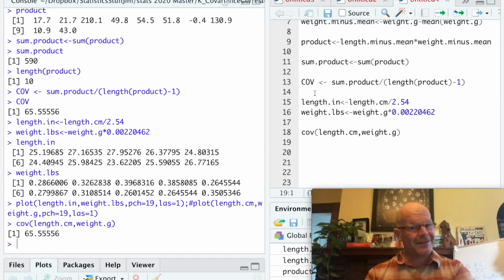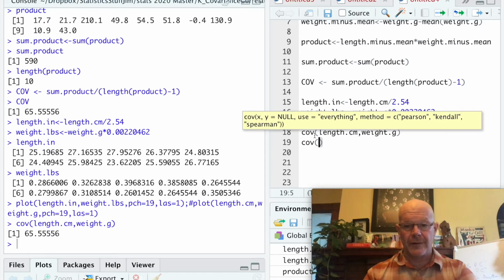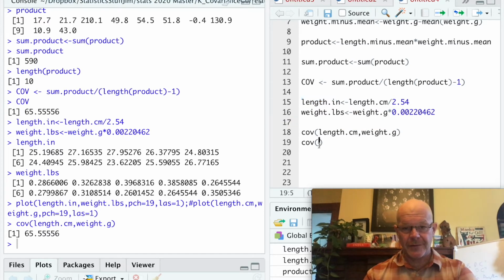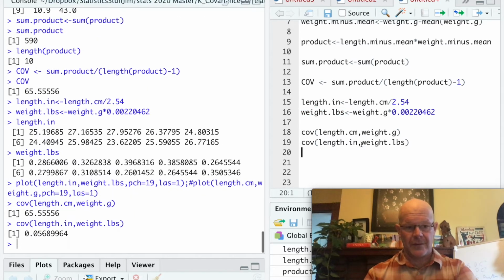And again, it's the same data, it's just in different units. But let's do that with our length in inches and our weight in pounds. And now it's that, 0.0568, okay? But now it's in units of inch pounds as opposed to units of centimeter grams.